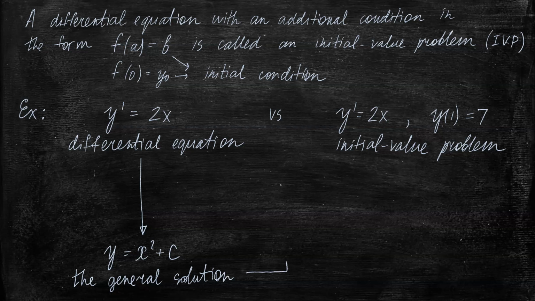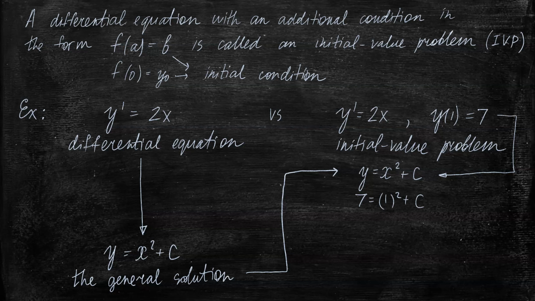We always start off by considering the general solution of the corresponding differential equation, and we take the initial condition and we interpret it as such: when x is equal to 1, y should be equal to 7. So that means if we replace x with 1, then y must be equal to 7.